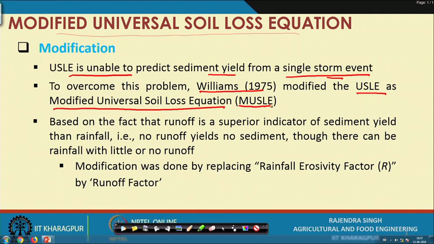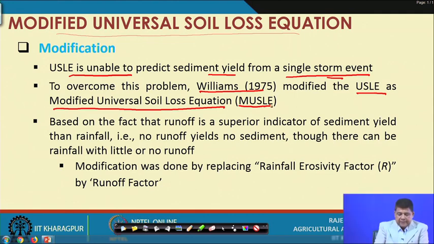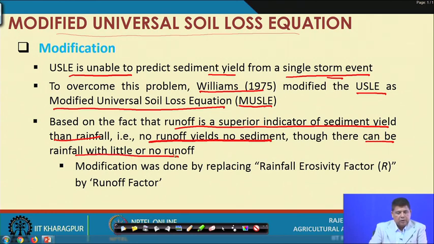This modification is based on the fact that runoff is a superior indicator of sediment yield than rainfall, which simply means, and it is logical, because no runoff will yield no sediment, though there can be rainfall with little or no runoff.